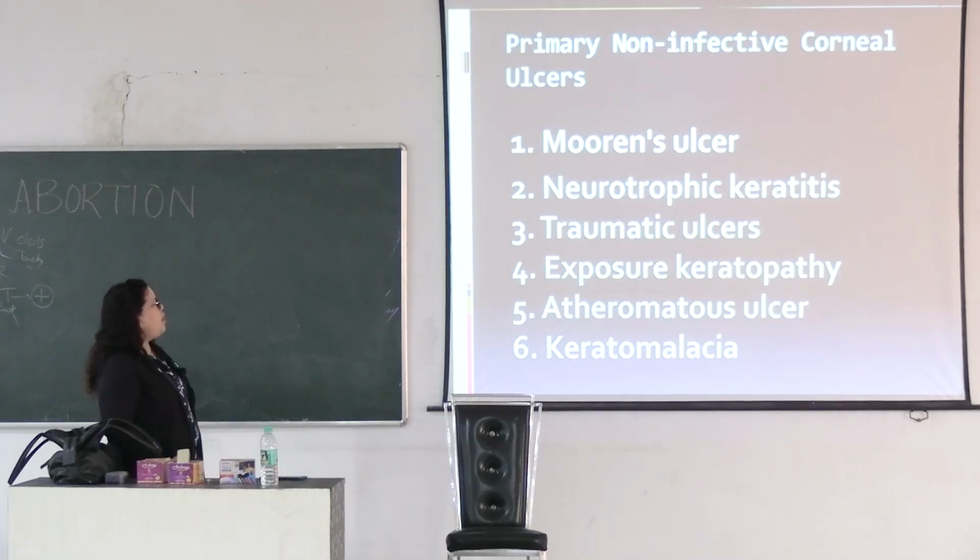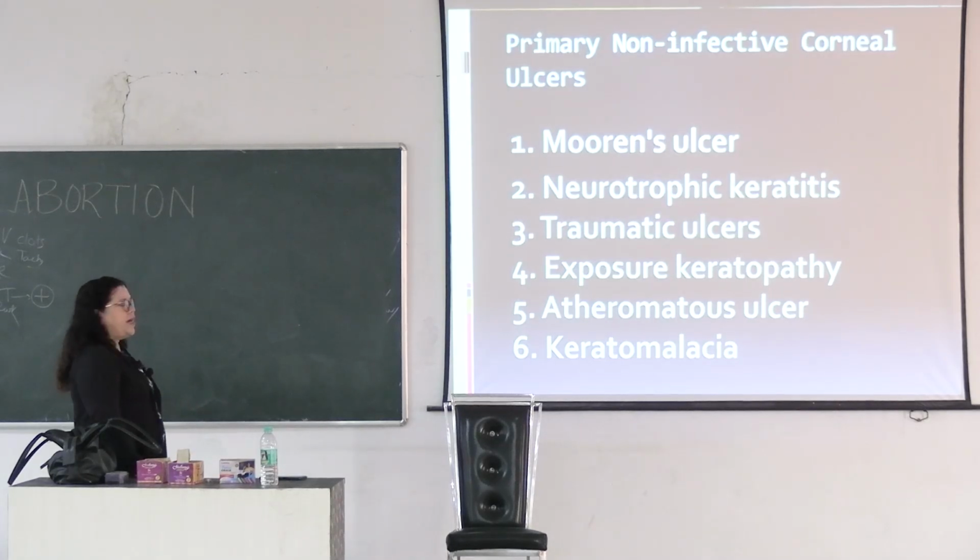Primary non-infective corneal ulcers are divided into 6 groups. First one is Mooren's ulcer. Mooren's ulcer is also an autoimmune disease, its etiology is not known, and it affects only the peripheral part of the cornea.